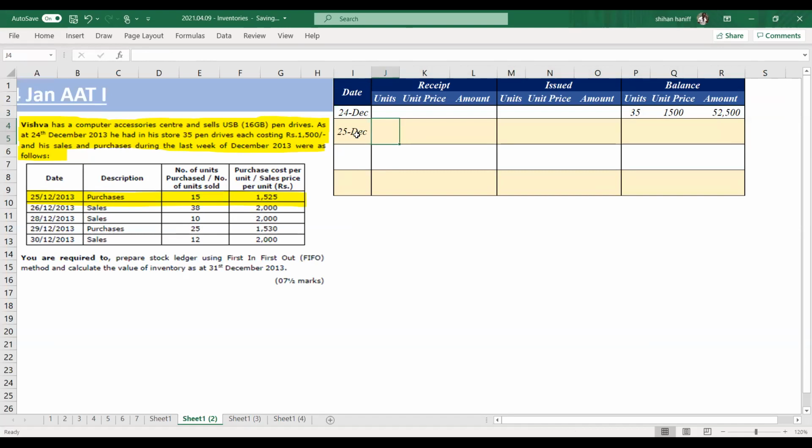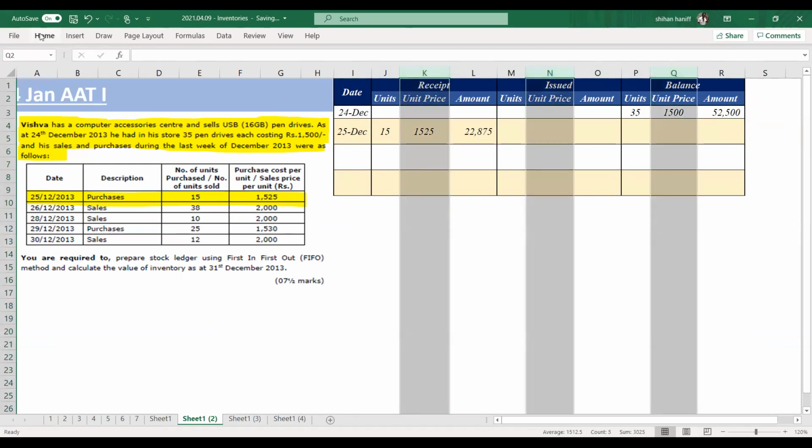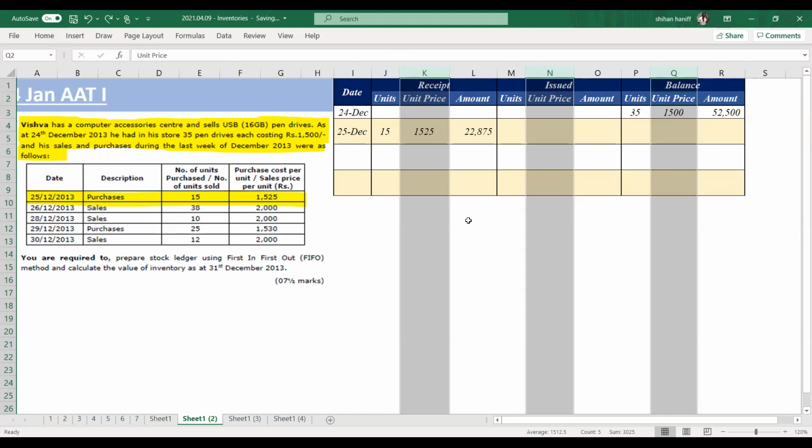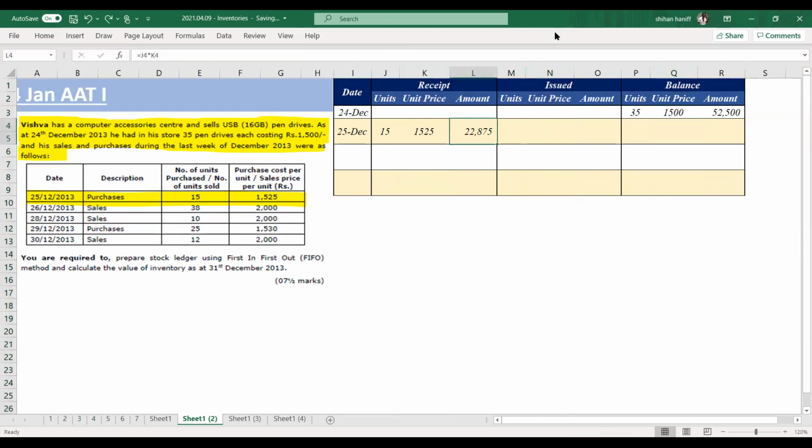Purchases means receipt. 15 units at 1,525. So total, you multiply, 22,875.